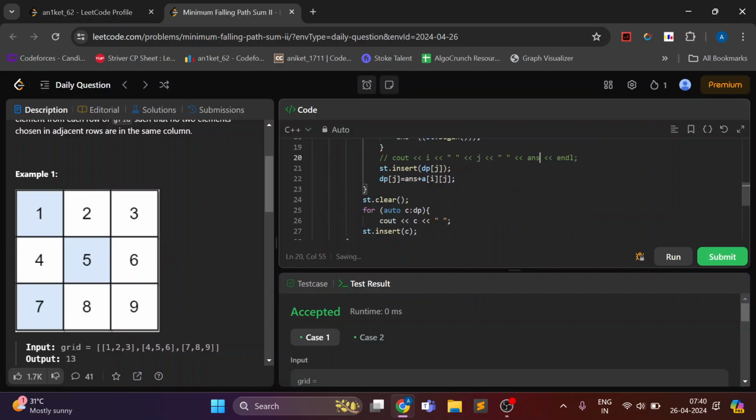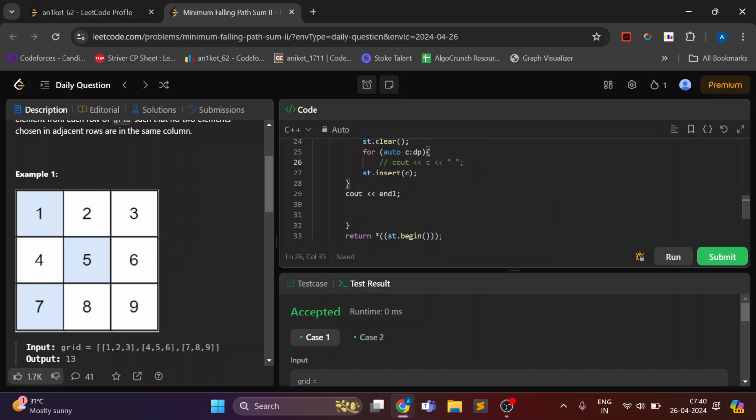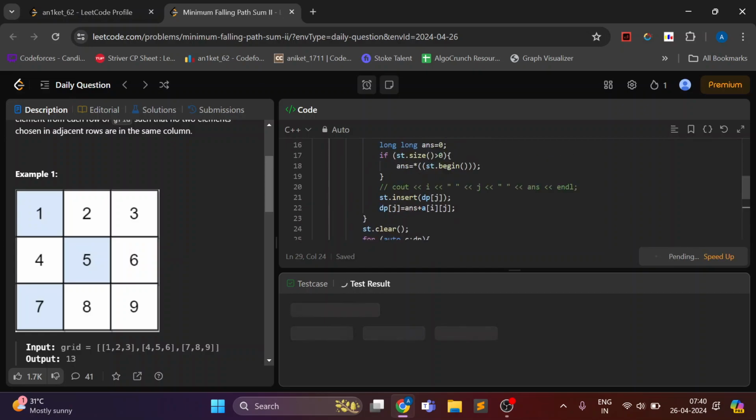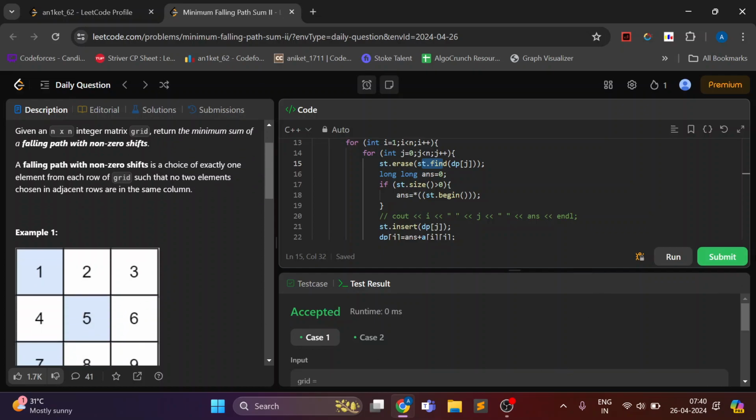If I just write st dot erase and the value, it will erase all the occurrences of that element. So to avoid that, what I have to do is write st dot find first, so it will remove the first element that is equal to dp of j. Now I think this should work.